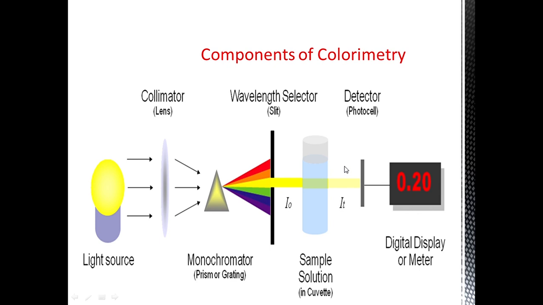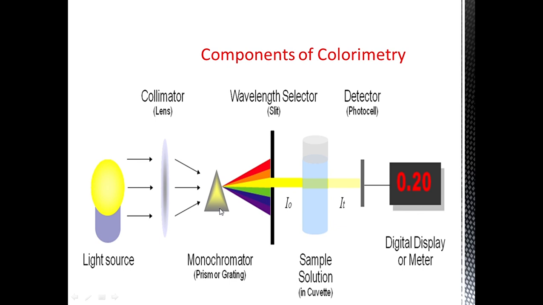Next, considering this particular monochromator, it consists of an entrance slit. Then there is an absorption or interference filter. Then a prism or diffraction grating for wavelength selection. A particular wavelength can be selected.